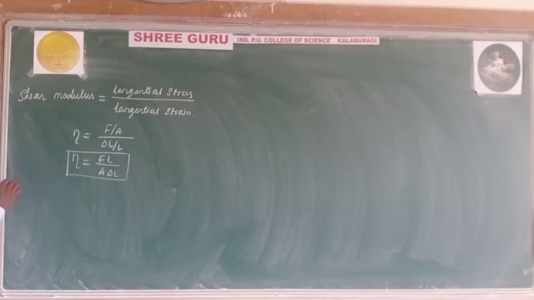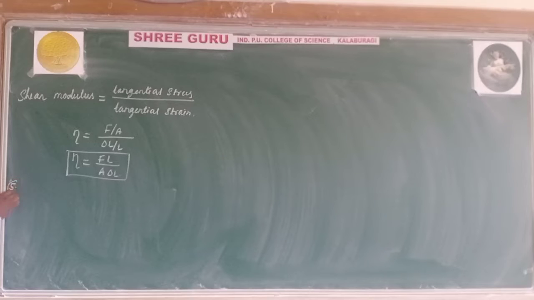What is question number 4? Sorry, that is question number 5. Already we discussed question number 4.